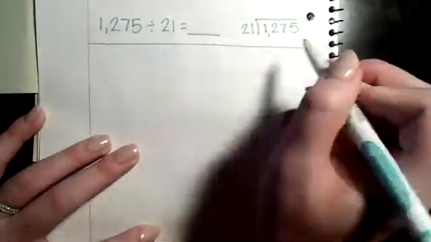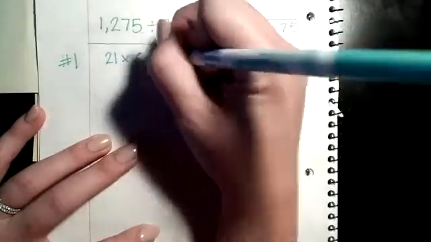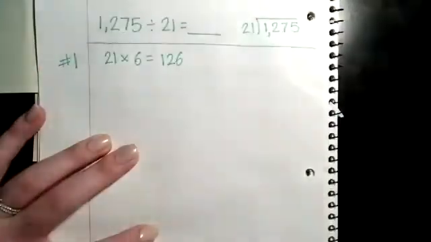So here's what I'm going to do. I'm going to write out my thinking here. My first way, I'm going to actually divide these. This will be my first one. Number 1. I already know that 21 times 6 equals 126.